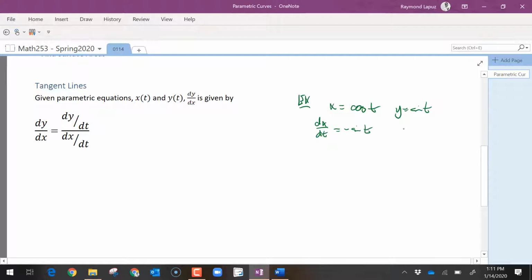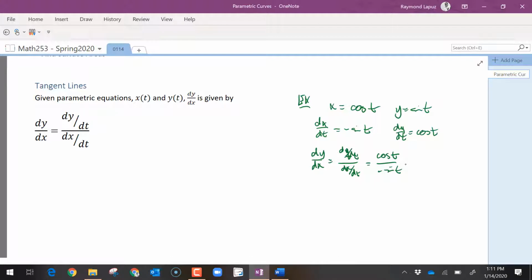Negative sine t. dy/dt equals cosine t. So dy/dx equals dy/dt over dx/dt, and that is cosine t divided by negative sine t. This is the derivative at any particular point.